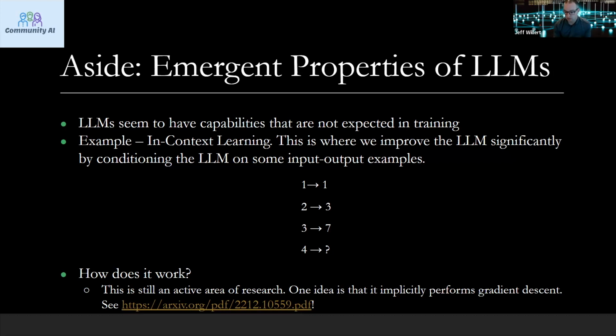Here, we didn't train the model specifically to solve number puzzles, where 1 gets mapped to 1, 2 gets mapped to 3, 3 gets mapped to 7, and then ask it, what does 4 get mapped to? But it turns out that these models are still pretty good at solving problems like this, despite not actually being trained.